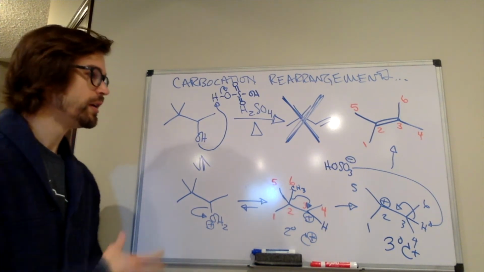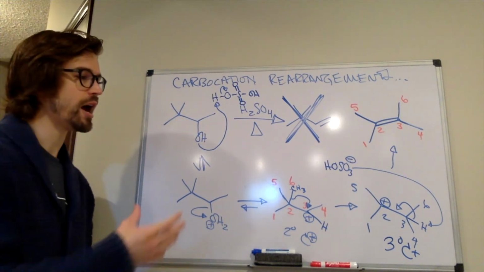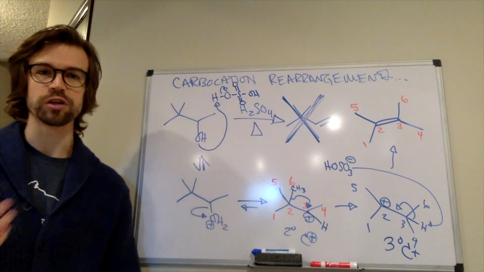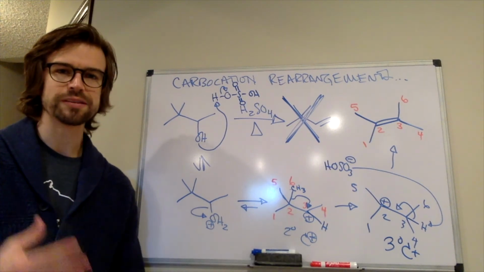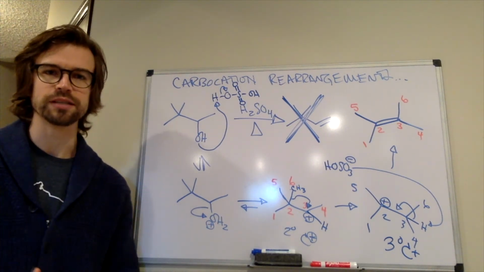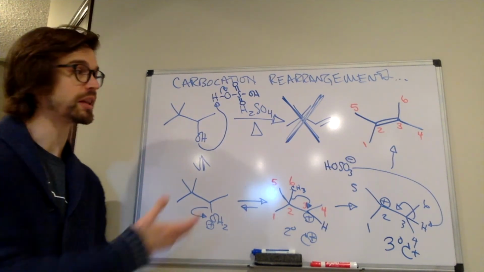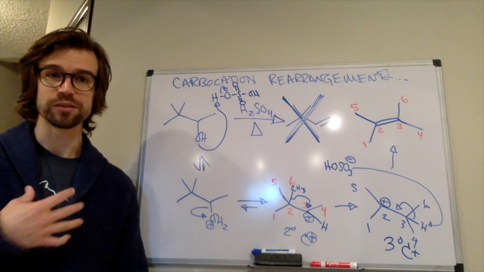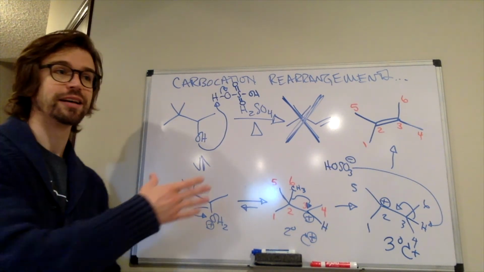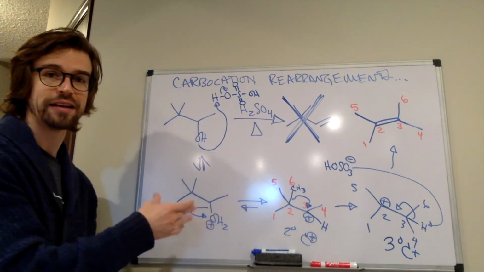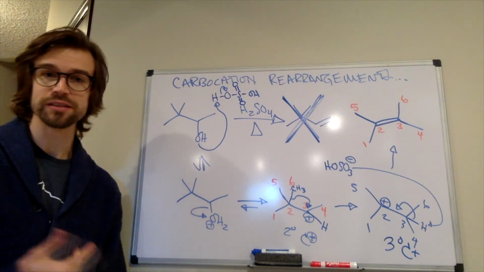To learn all about substitution, all about elimination at the same time as learning about these rearrangements makes things a little bit more complicated. So it's simpler to build the new concepts in slowly. That's why the book doesn't bring them up until this point, and that's why I don't either. But that is a thing that is applicable to all E1 or SN1 reactions as well.